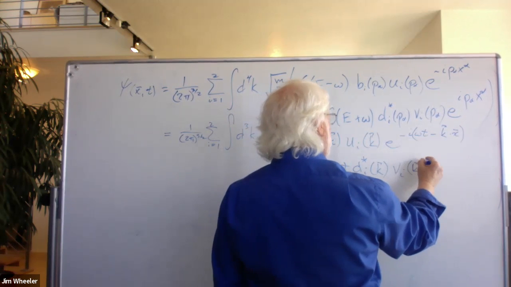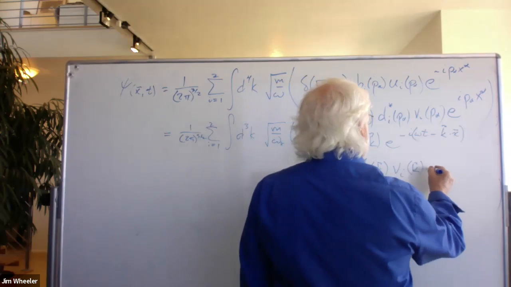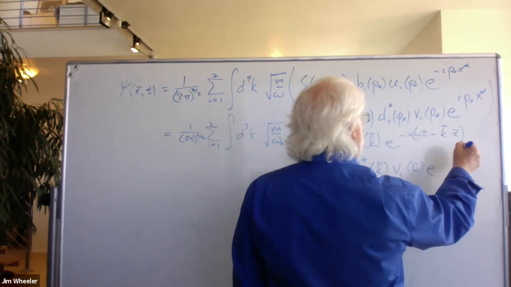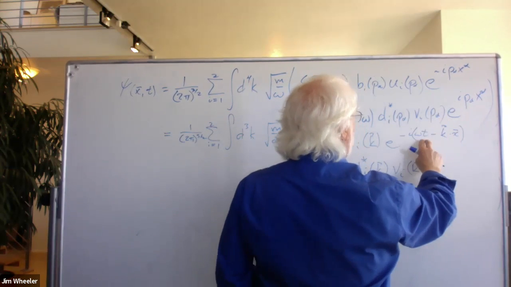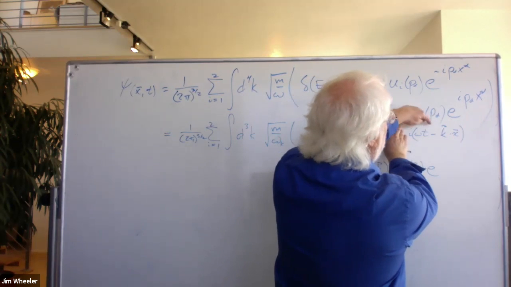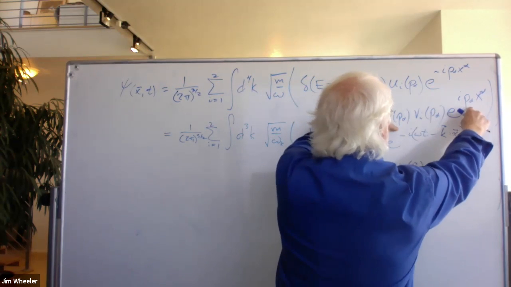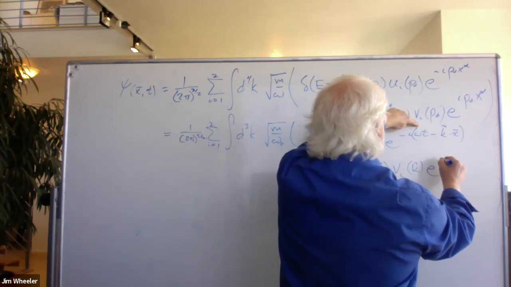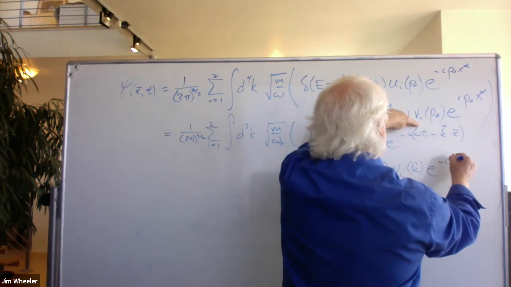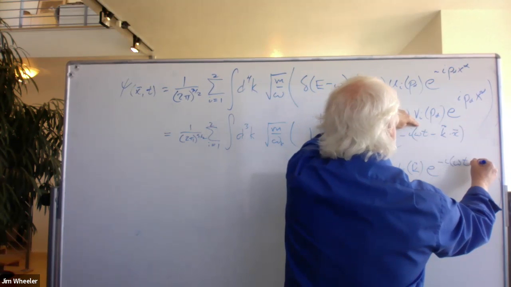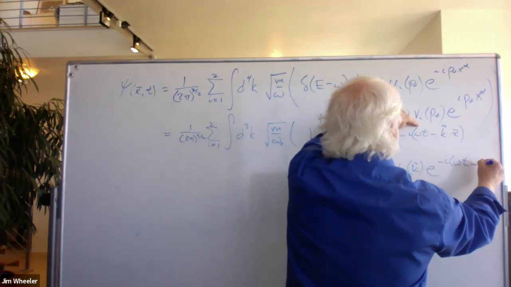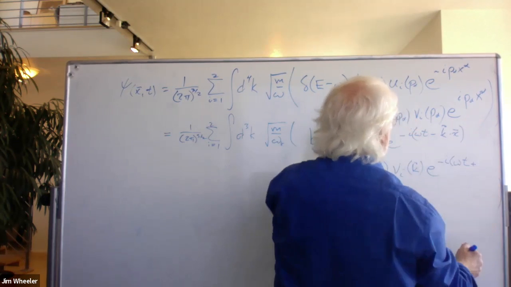The spinor just depends on a 3-vector. And then here we have e to the plus i omega t minus kx, except the energy is negative. So now we get minus i omega t, but then this will be minus, wait a minute.